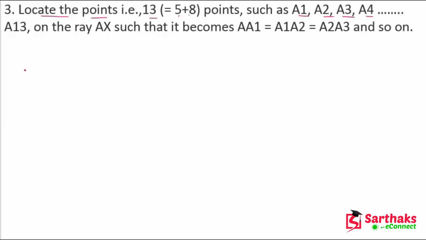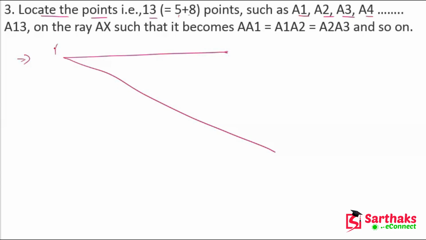Okay, so now we are going to cut these points on the ray. This is AB, and we have to cut 1, 2, 3, 4, 5, 6, 7, 8, 9, 10, 11.